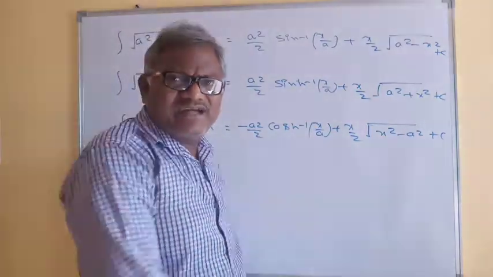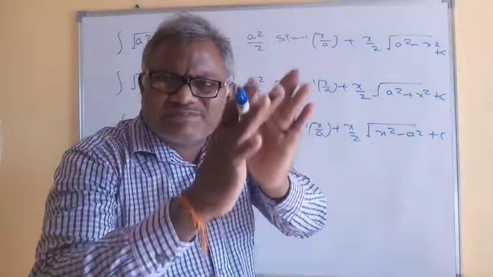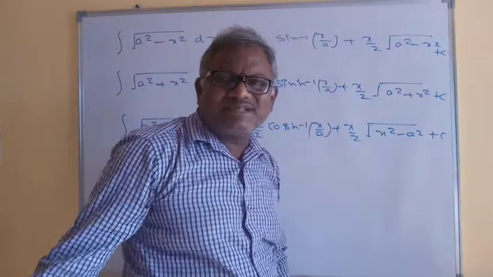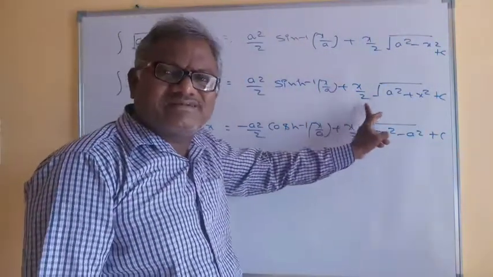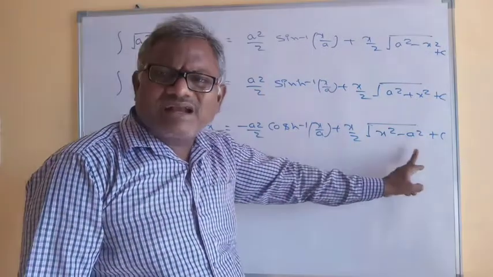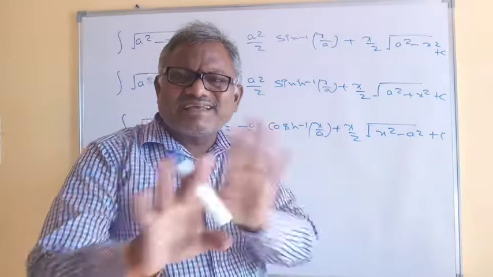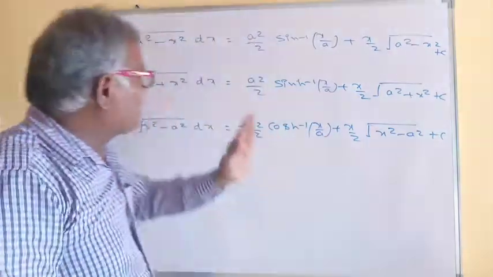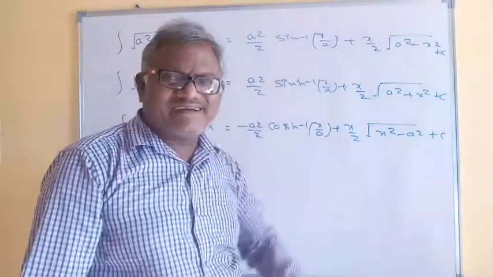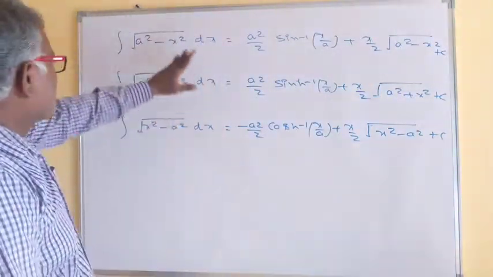In the second half, everything is the same: x by 2 root of a square minus x square; x by 2 under root a square plus x square; and x by 2 under root of x square minus a square. So you just have the sum of two terms. Don't forget this.